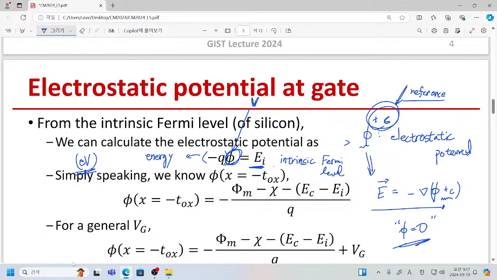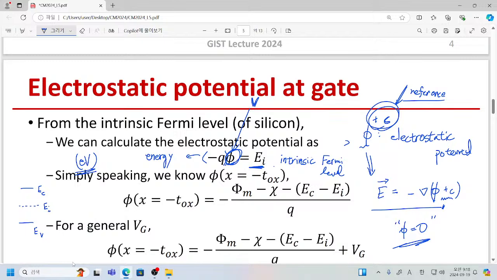So for example, if we have the reference material silicon, then of course we have EC and EV, and in between, quite close to the mid-gap energy, we have a certain energy level called the intrinsic Fermi level.